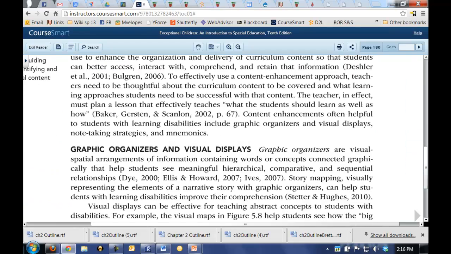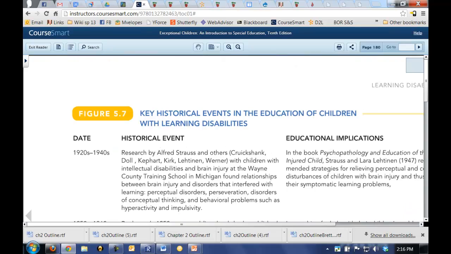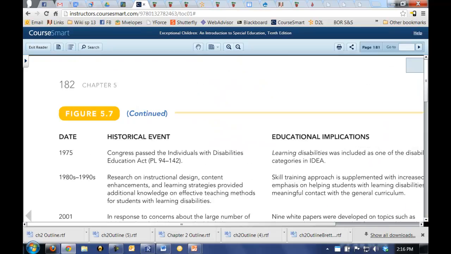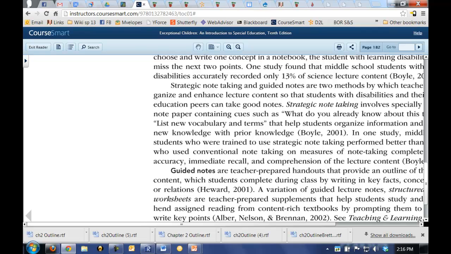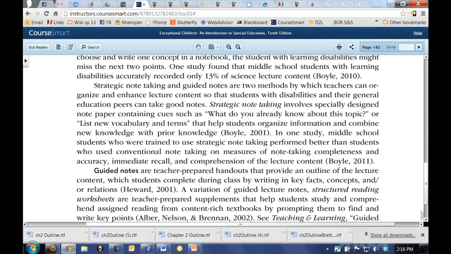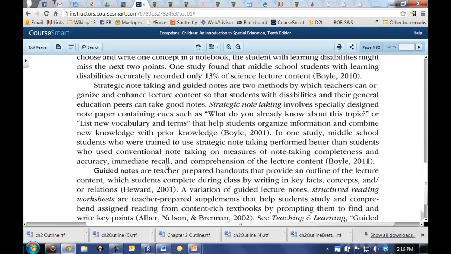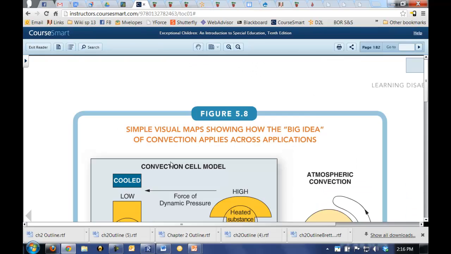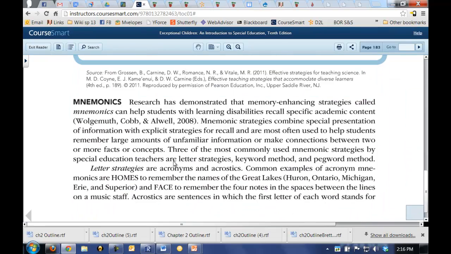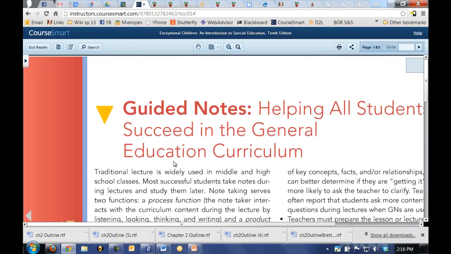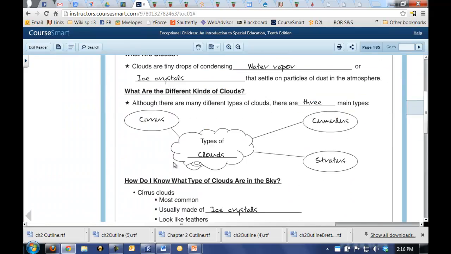Graphic organizers, what they are, note-taking strategies, and guided notes. Visual displays, mnemonics. Okay, there's your mnemonics. You bring all that in, what those are and what they have to do with this.